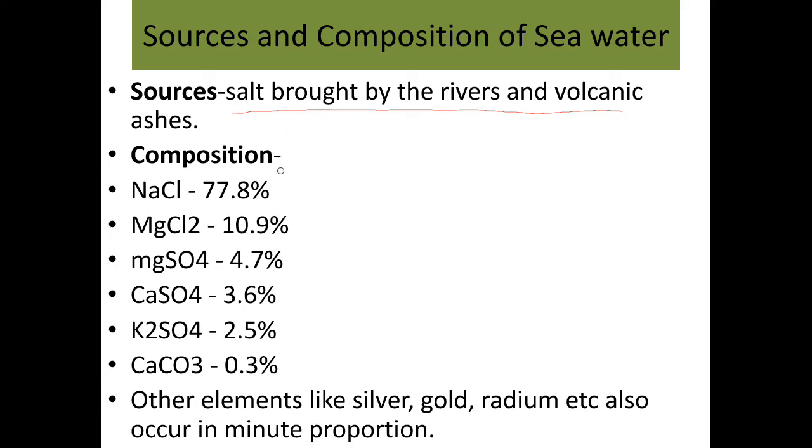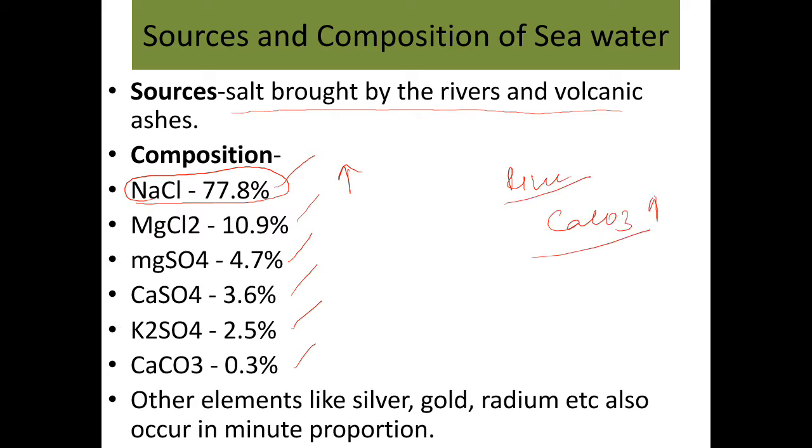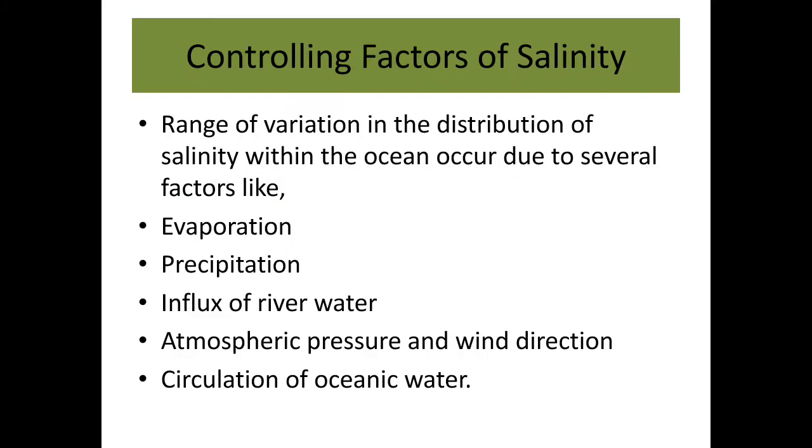The composition of seawater is sodium chloride, about 77.8%, magnesium chloride about 10.9%, magnesium sulfate 4.7%, calcium sulfate 3.6%, potassium sulfate 2.5%, and calcium carbonate 0.3%. In seawater, sodium chloride is the major constituent, but in river water, it is calcium carbonate. Other elements like silver, gold, radium, etc. also occur in minute proportion.